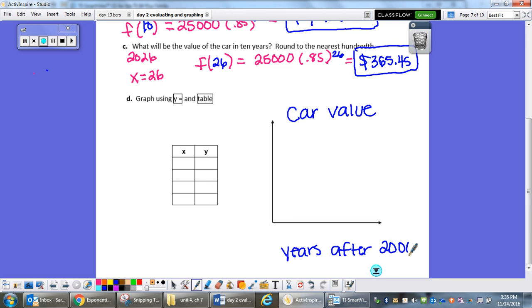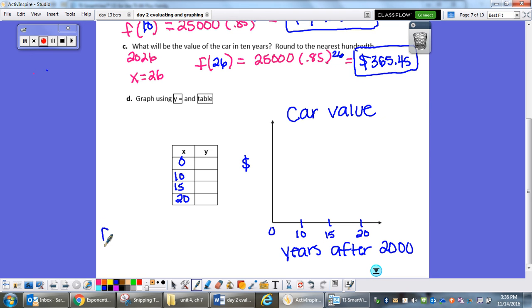I think your paper might say 2010 right there, but it is 2000. And then money. We're evaluating at 0, 10, 15, and 20. So you want to put those in. 0, 10, 15, and 20.